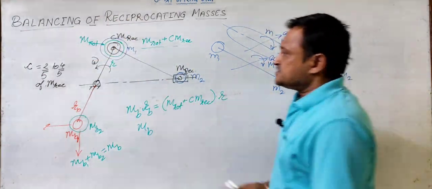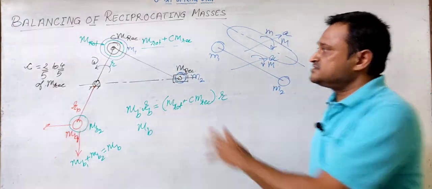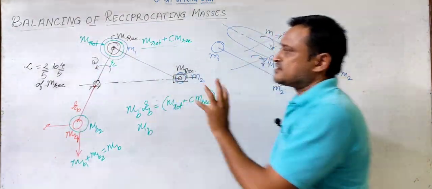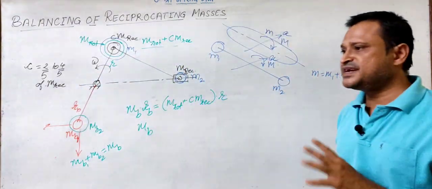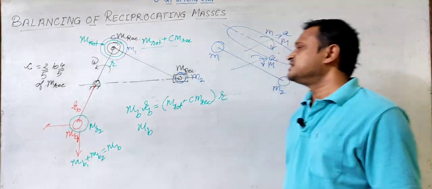So this is how we go for the balancing of the entire system. When we find the solution by distributing all these masses, we are getting a more accurate solution in a way.